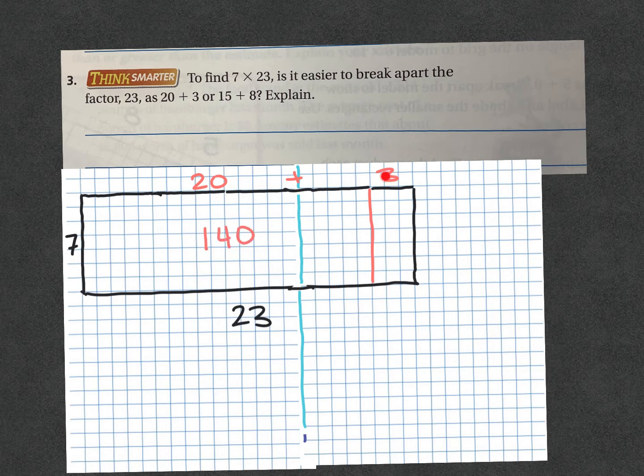And 7 times 3 is 21. And all I have to do now is add these two together to find out how much total there is. The total is 161. So 23 times 7 or 7 times 23, either way, is 161.